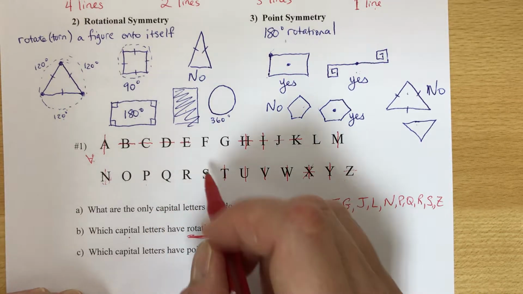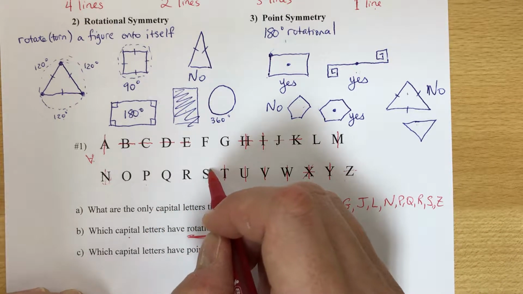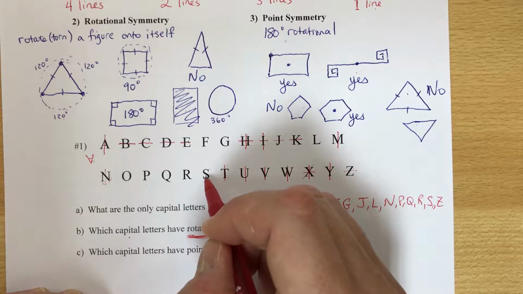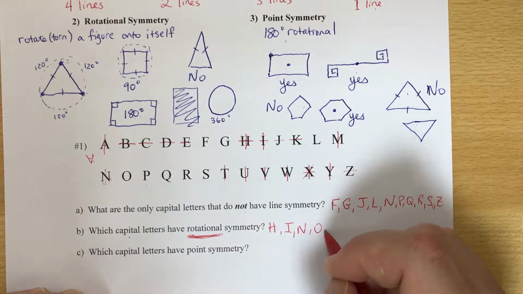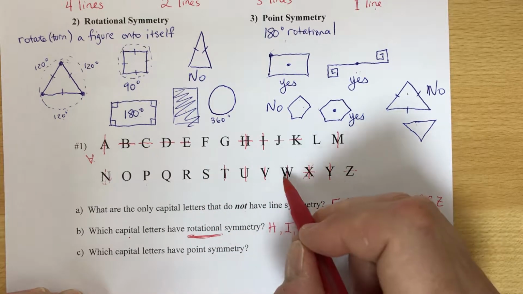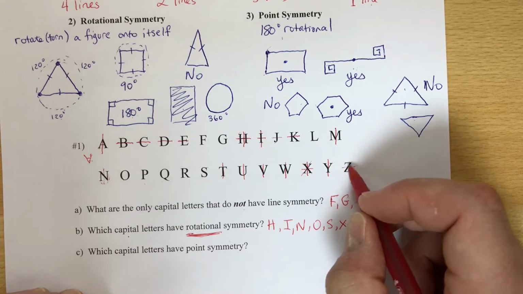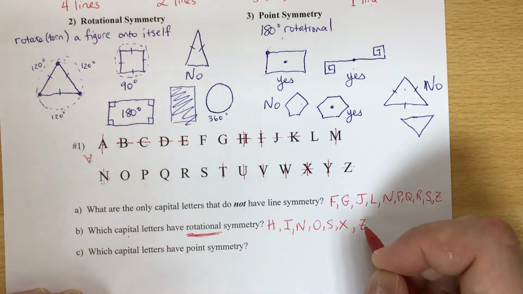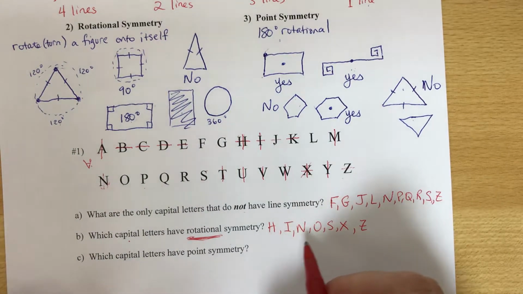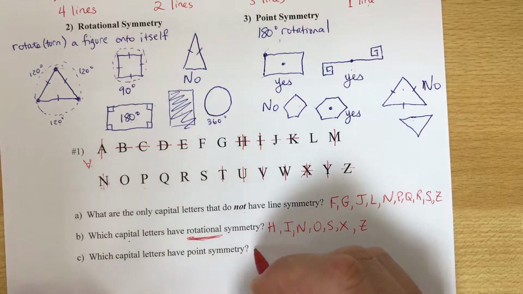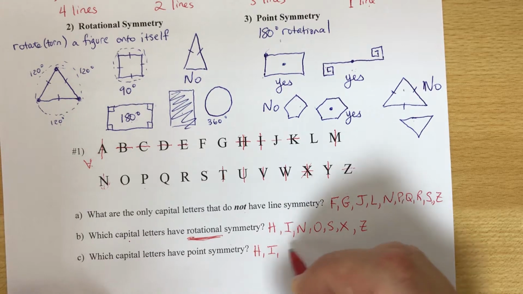No, no, no. S would rotate 180. This would rotate to here, and down would rotate up. X would have rotational, and then Z would have rotational. And what happens is that all of these would be 180 degrees, so they all have point symmetry.